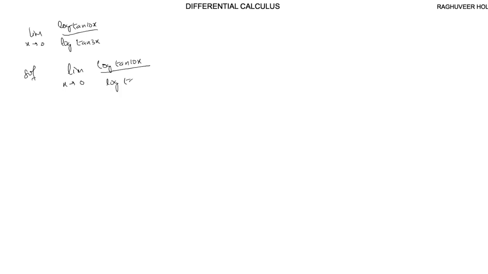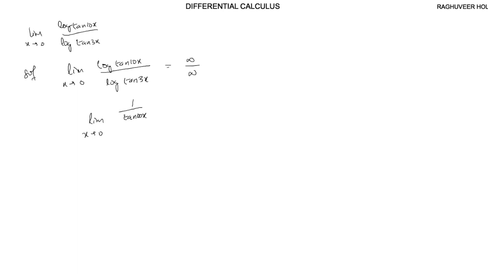Now when you put limit x tends to 0, we get infinity by infinity, which is indeterminate form.